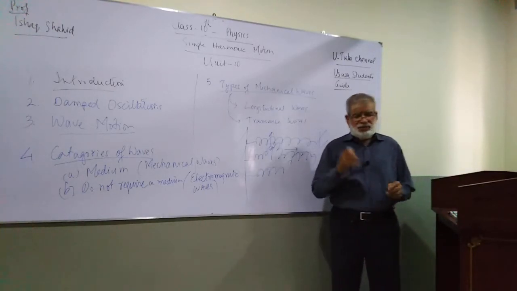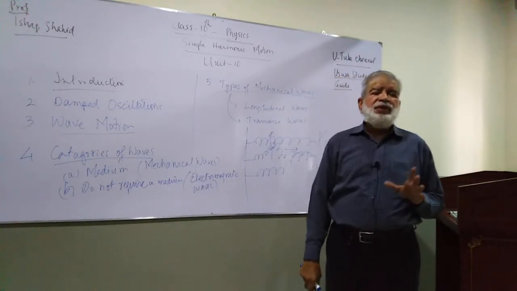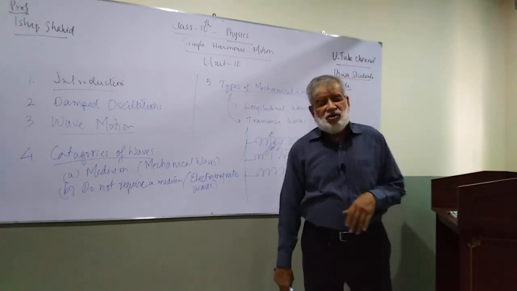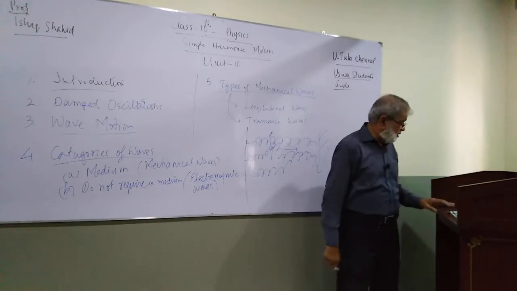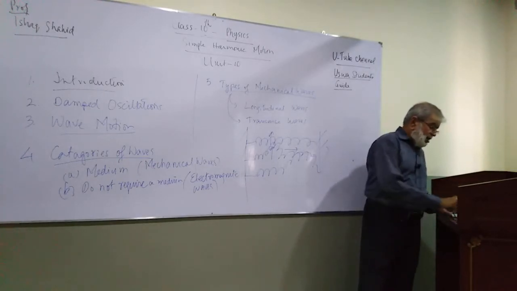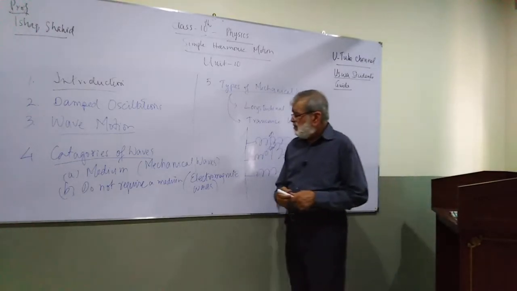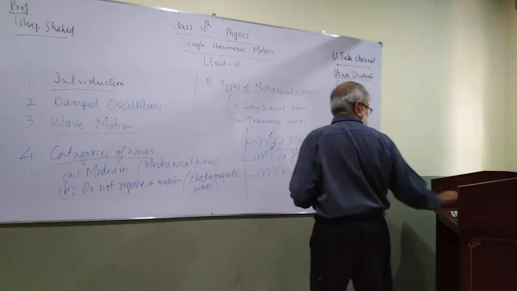So, a transverse wave is that wave in which the particles of the medium move in a direction which is perpendicular to the direction of propagation of wave. Such kind of waves are known as transverse waves.